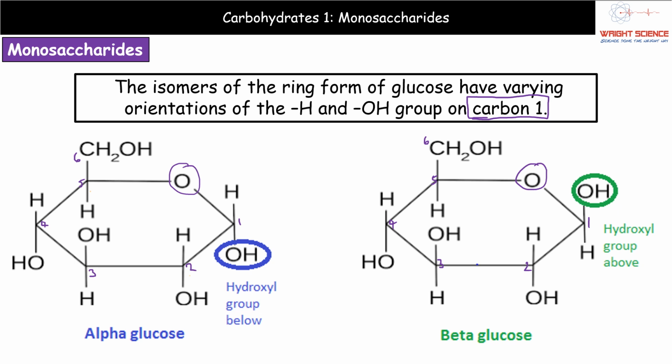In alpha glucose, it always goes below the ring, whereas in beta glucose, it goes above the ring. Then we put a hydrogen on the other end of that particular bond. For carbon 2, the hydroxyl group always goes below, and then you just alternate. As you can see, carbon 3 is above, carbon 4 is below, and then you just put hydrogens on your spare bond, so to speak.